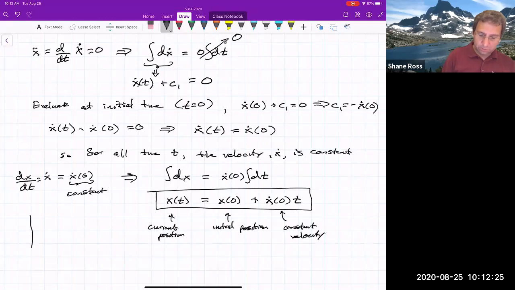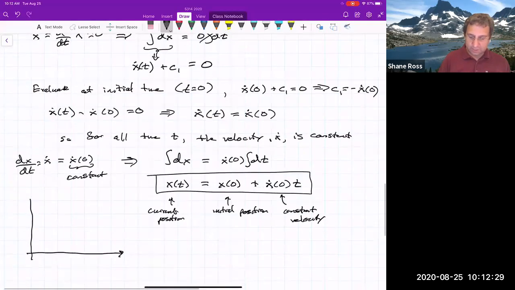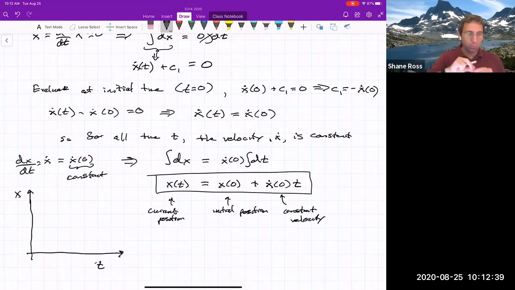If we were to plot, along this horizontal axis, I'll put time. And along the vertical axis, I'll put our location, along that one-dimensional, 1 degree of freedom. Then this is time equals 0 over here. At time equals 0, we're at location x0. And we have a slope.